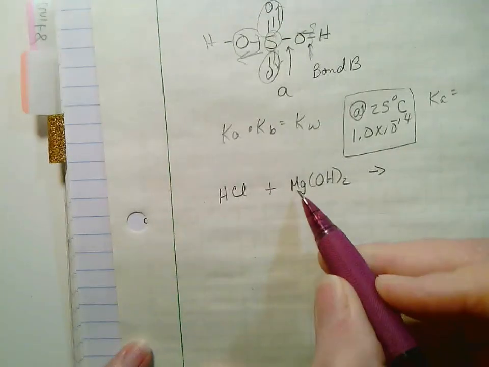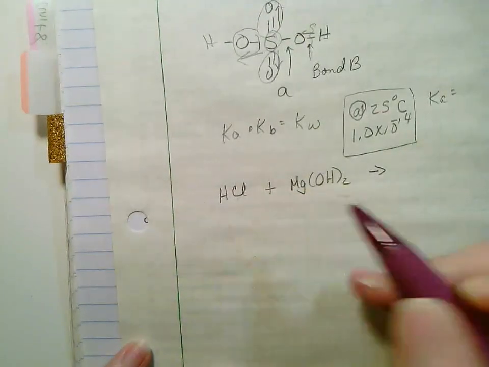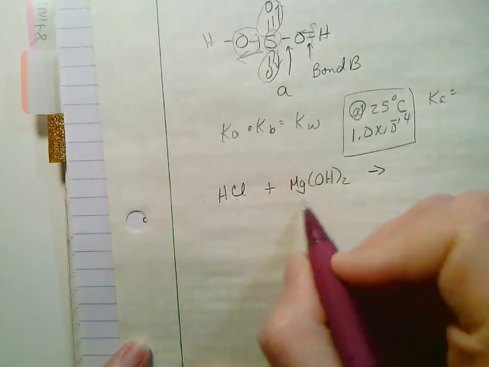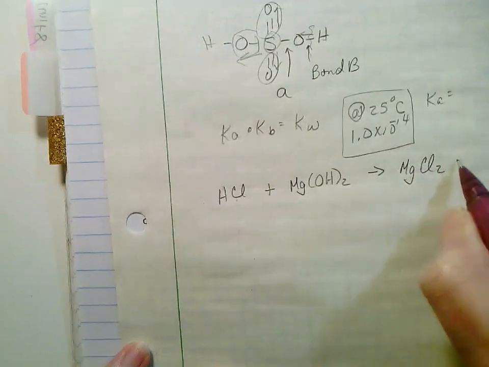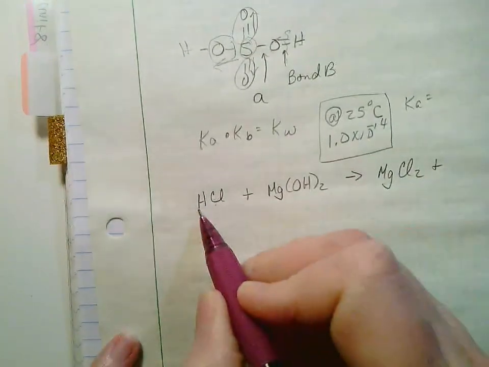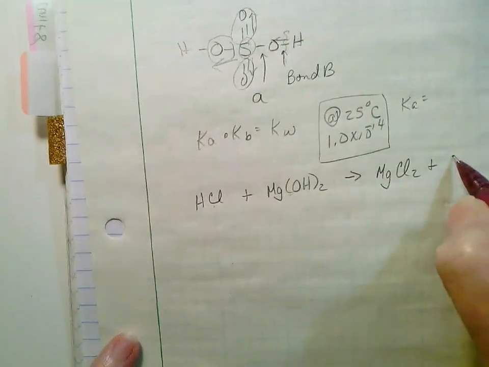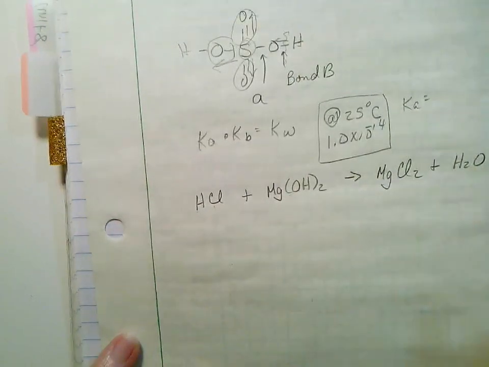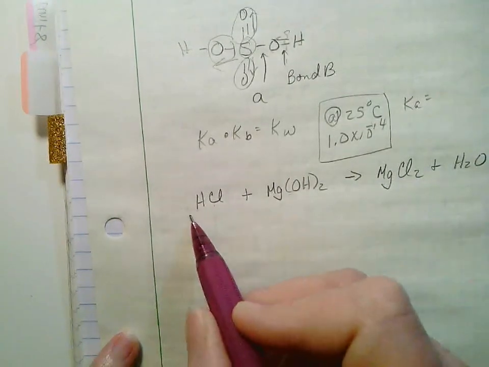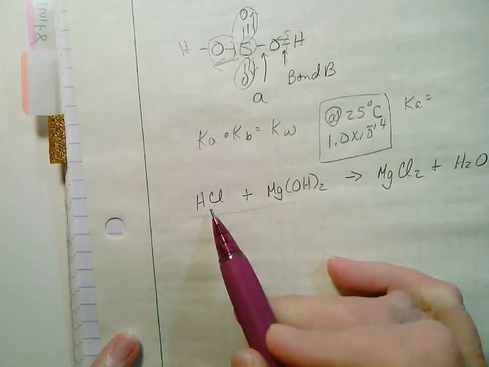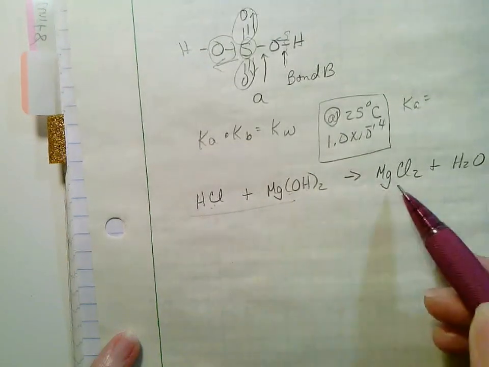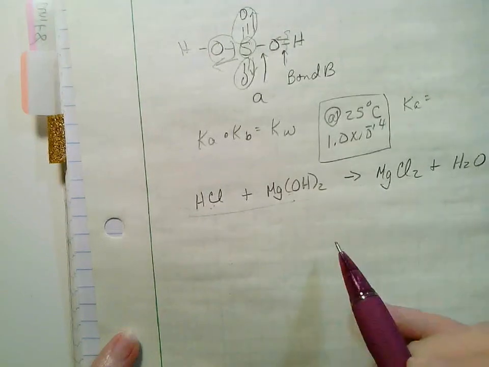So magnesium's going to be bonded to chloride. Magnesium's +2, chloride's -1, so it'd be MgCl2. And hydrogen will be bonded to OH, which will give me H2O. In almost all acid-base neutralizations, especially Arrhenius acids and Arrhenius bases, we get a salt and water.